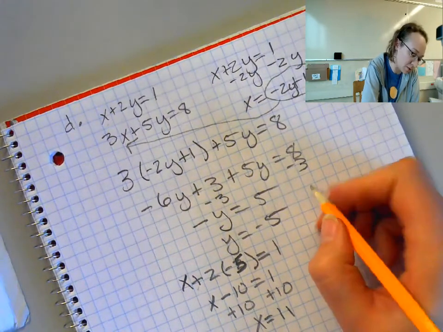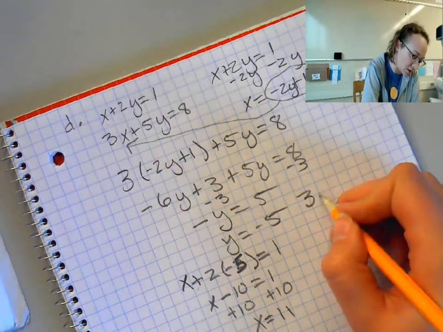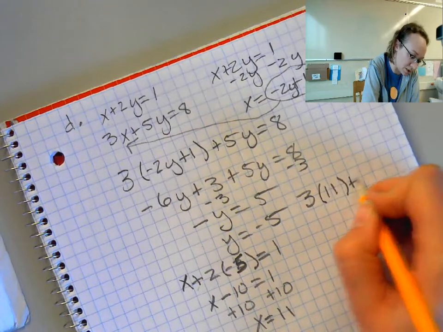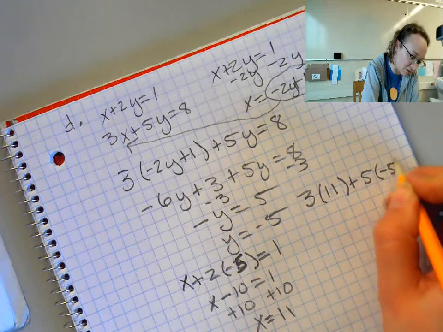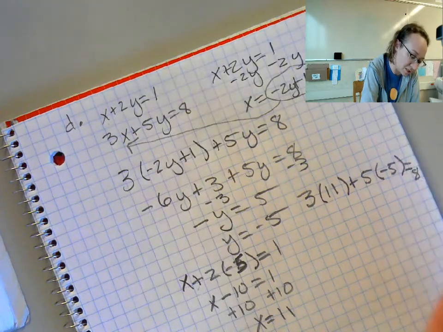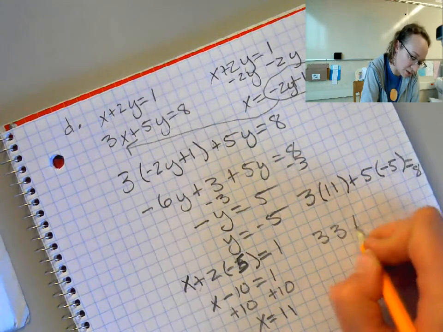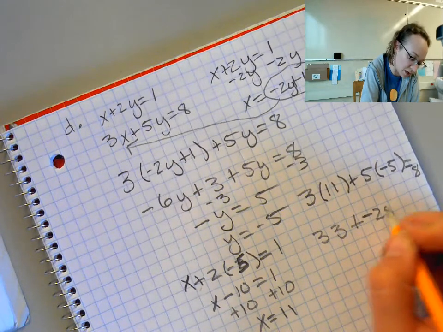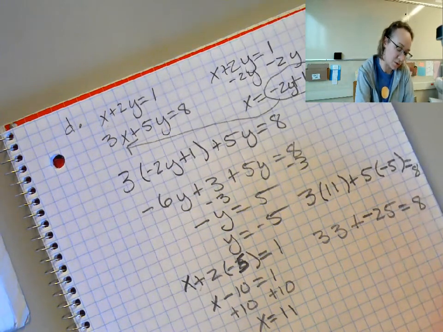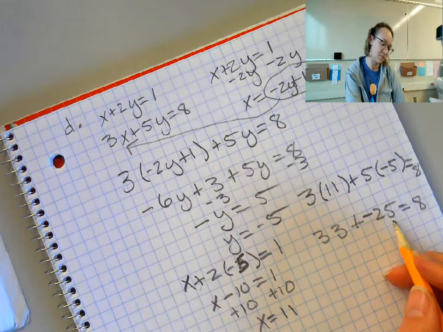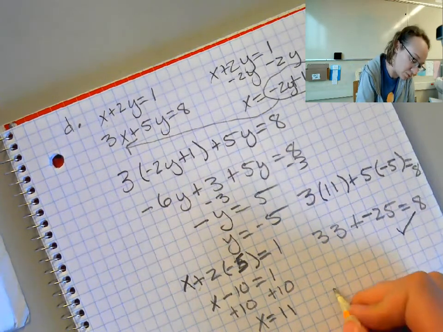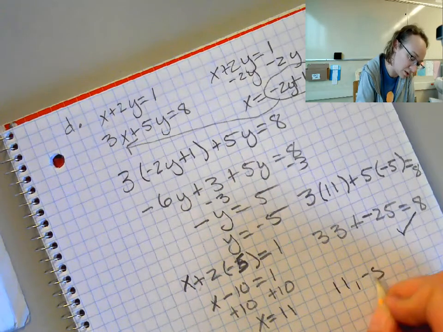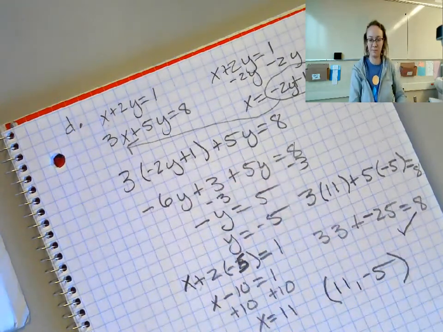Plug that back in to check. 3 times 11 plus 5 times negative 5 equals 8. So 33 plus negative 25 equals 8. That's right. So (11, negative 5) is my answer.